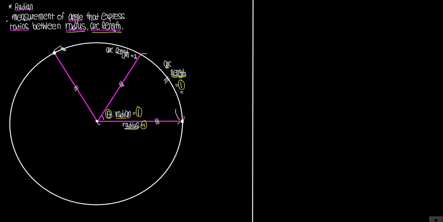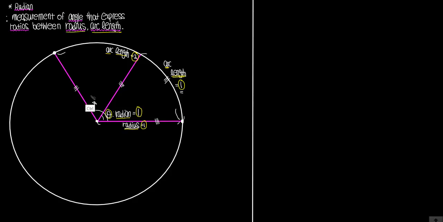All the way here. And if the arc length of our sector is equal to 2 and the radius of our sector is equal to 1, then we define the theta that is between the two radii and the sector arc length.